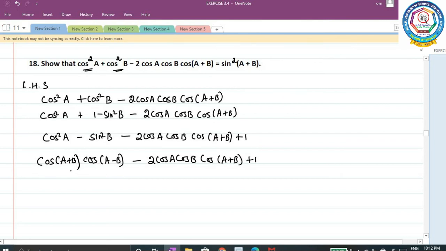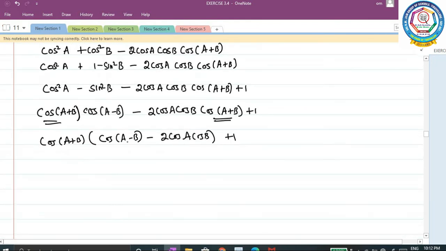Here if you check, you will get a common factor. What is the common factor? cos(A+B). If I take cos(A+B) outside, the remaining terms will come inside: cos(A−B) minus 2 cos A cos B.